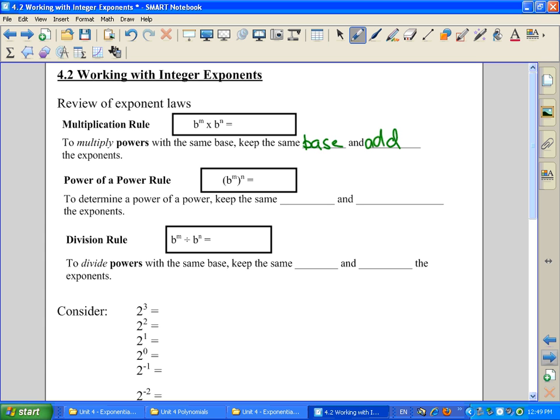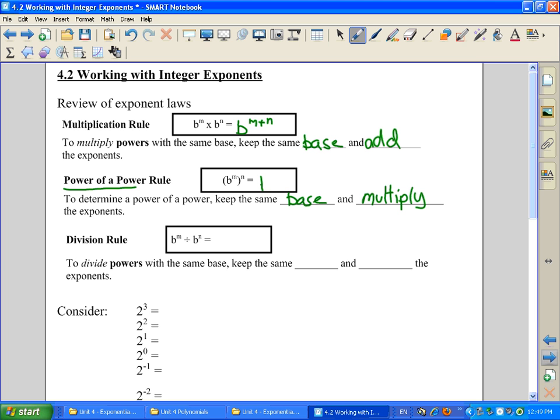So what's this going to look like? It's going to be b to the m plus n. That's multiplying. When you have a power rule, ladies and gentlemen, it's an exponent raised to another exponent. To determine the power of the power, keep the same base. And in this case, you're going to multiply the exponents.